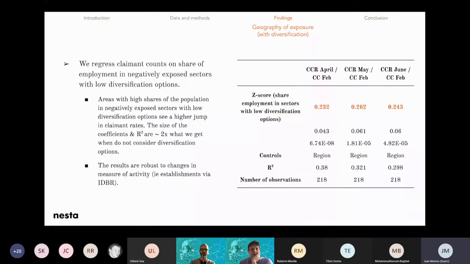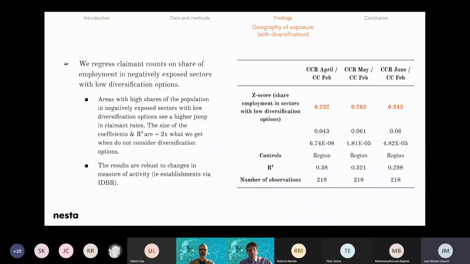And yeah, what we have done is some regression analysis. I'm not going to get into all of the detail, but what this shows us is that those locations that have lots of people working in sectors that are exposed to COVID, with low opportunities to diversify from COVID, see a higher increase in unemployment than the others.